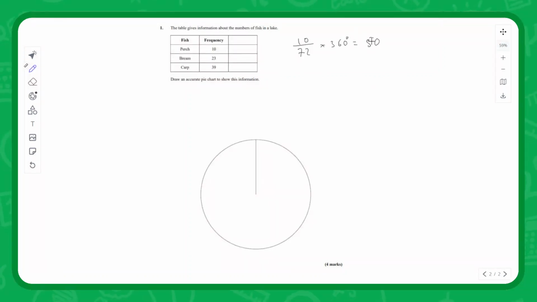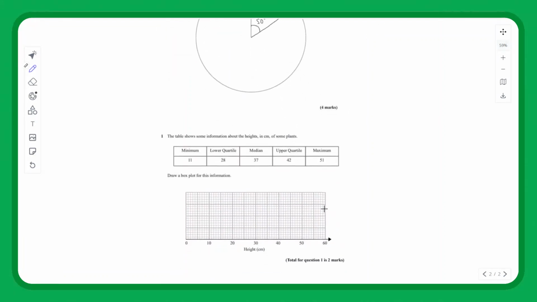And so I'd take my protractor and measure out 50 degrees. And I'll just do the same thing with the other two, right? So this one would be 23 72ths out of a total of 360. And again, I would just measure that resulting angle with my protractor.